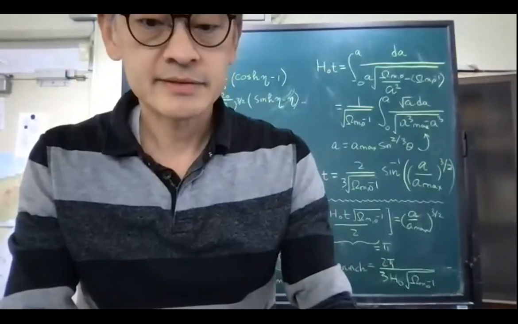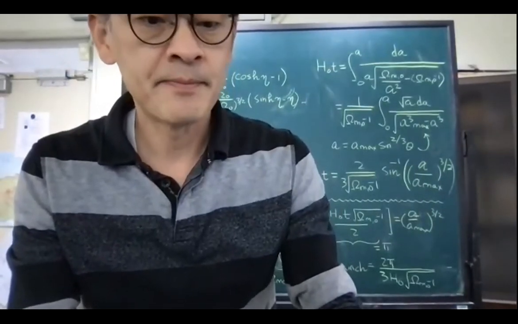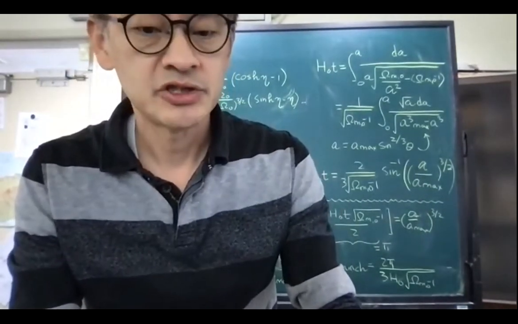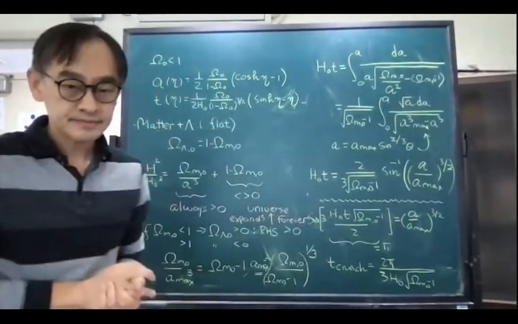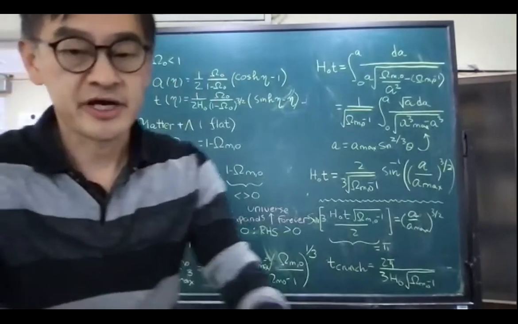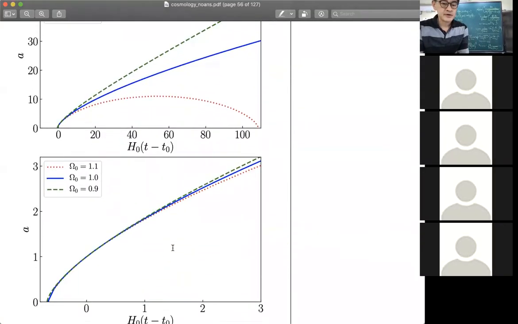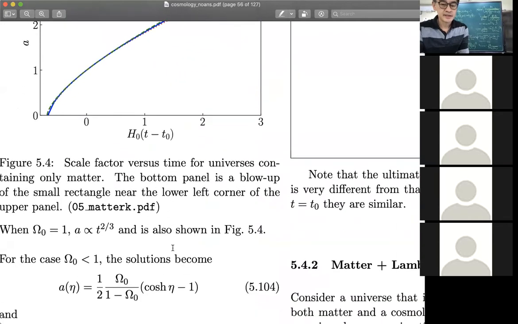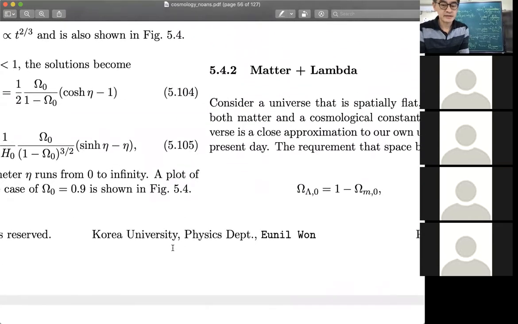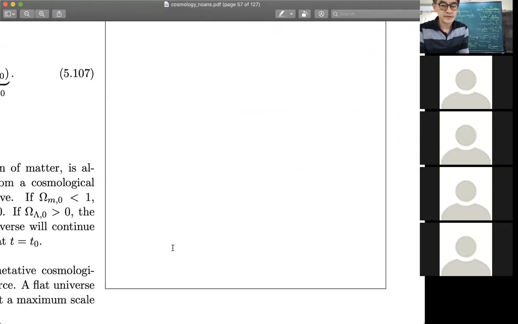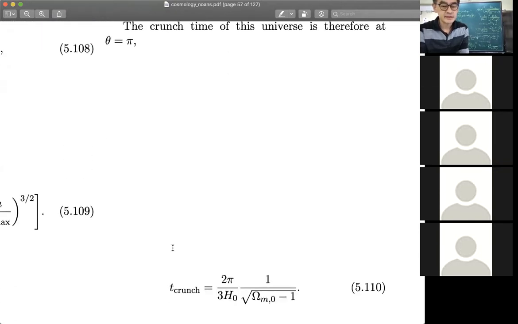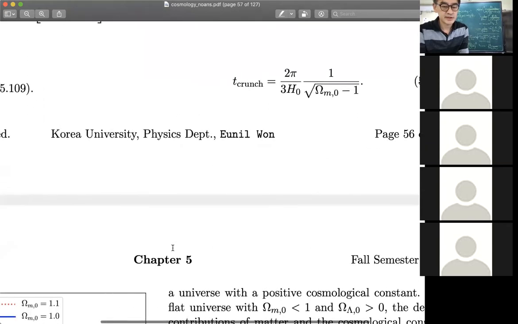All right, so that's the result so far. Now let's take a look at some plots. Share a screen. This one we already discussed, matter plus lambda.